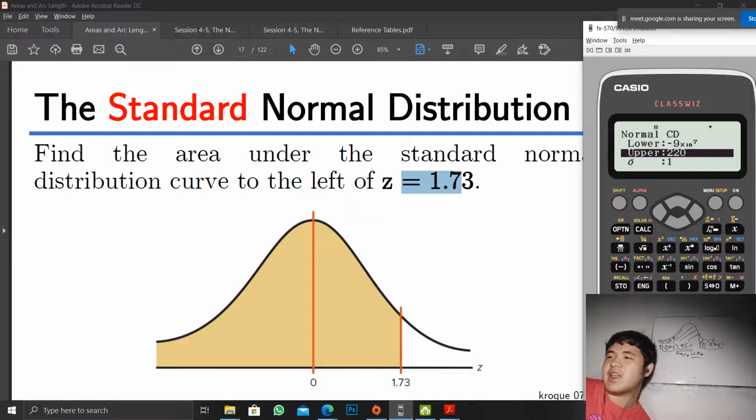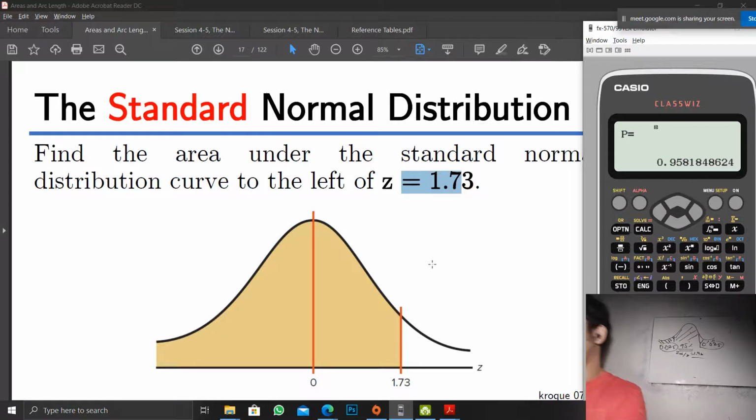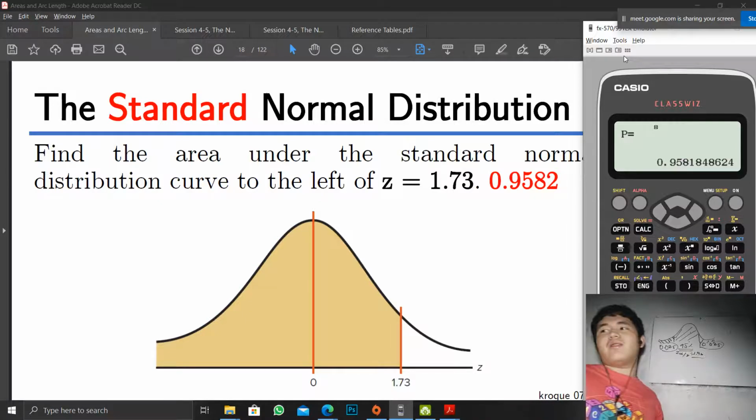Upper is set to the z-score with sigma equals 1, the standard deviation, and mean equals 0. Okay? So, getting the value, 0.9581. Let's see. Pareho. Galing, di ba? Yan. That's how powerful this calculator is.